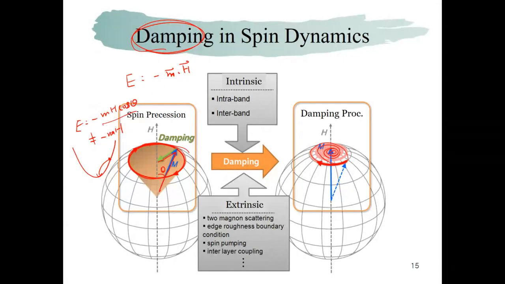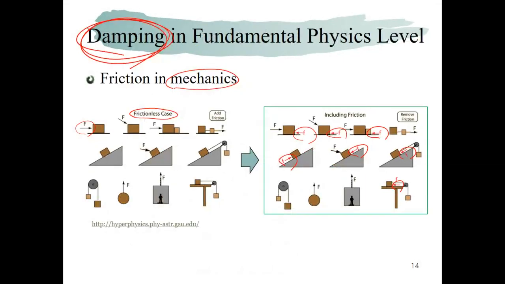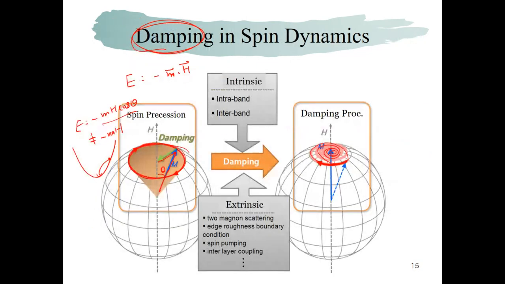Just imagine if we have a frictionless surface here, and we apply a force, then the velocity of this object is going to infinity. That's not quite correct because we always have friction. It's something like that.